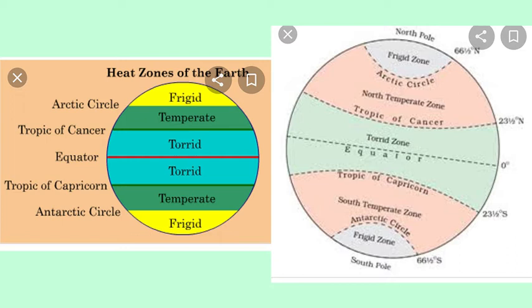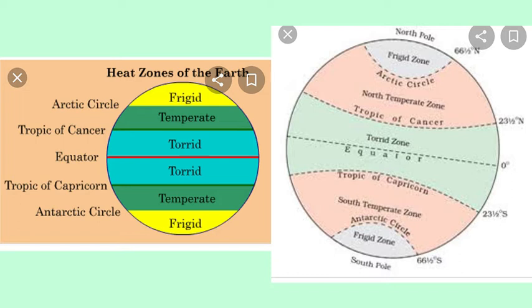In your textbook there is a picture, so there you will find the middle portion is the torrid zone, and it is also called the equator. The region on either side, on one side is the North Pole and on the other side is the South Pole.